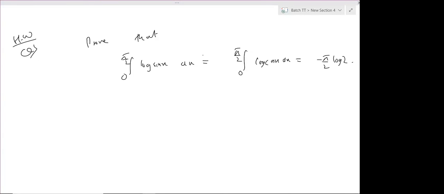Try this at home. If you cannot solve it, then okay, we'll solve it in the next class. Note it down. I'll give you 2 minutes.